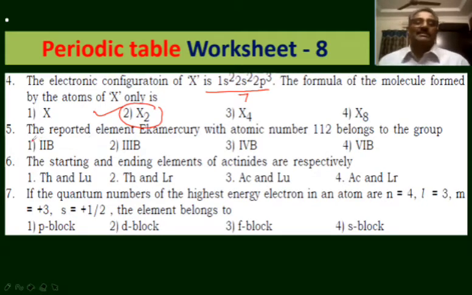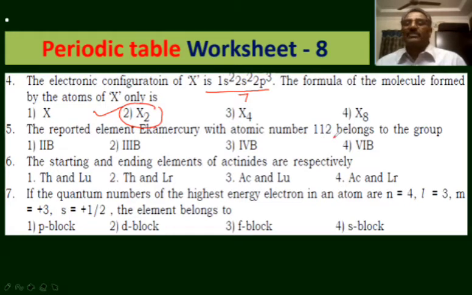The fifth question, the reported element eka-mercury with atomic number 112 belongs to which group? Eka-mercury is the element which is after mercury in the same group as mercury. So that element possesses atomic number 112.